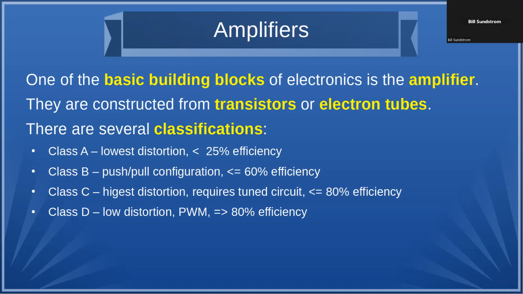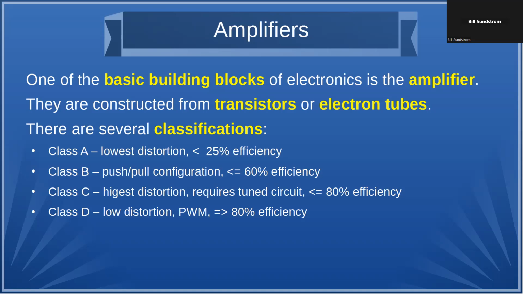So they're only on 50% of the cycle. The one problem with that is there's a little crossover at 0, which gives you a little bit of distortion, which is why it's not quite as good as a class A, but it's much better efficiency-wise.